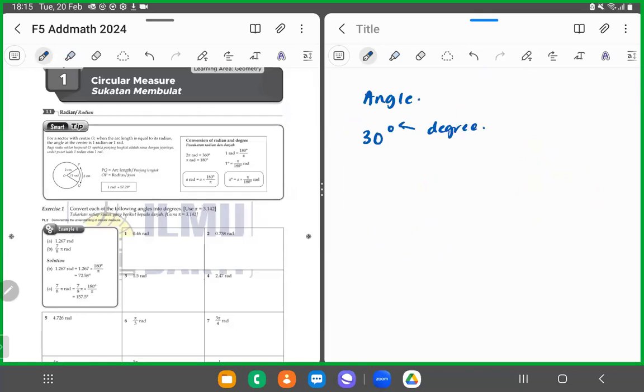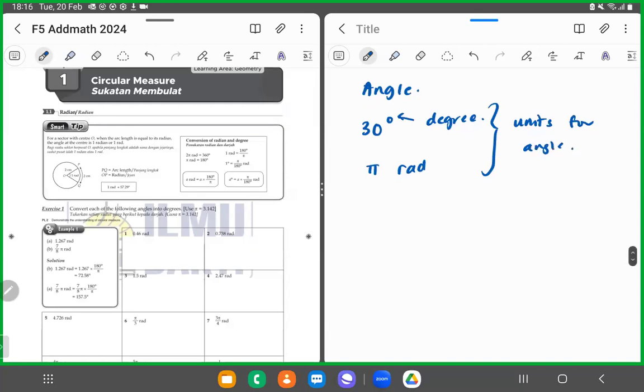In maths, we have another unit for angle, which is radian. The short form is RAD, so let's say we have pi RAD, that means radian. So degree and radian are both units for angle.